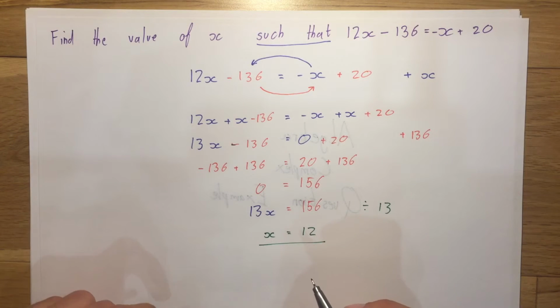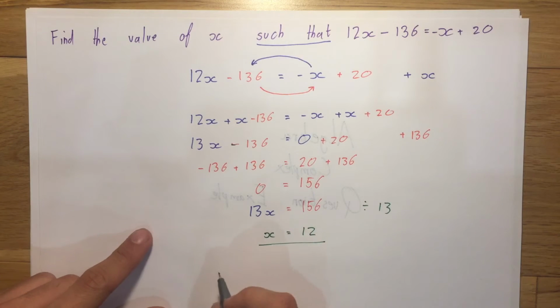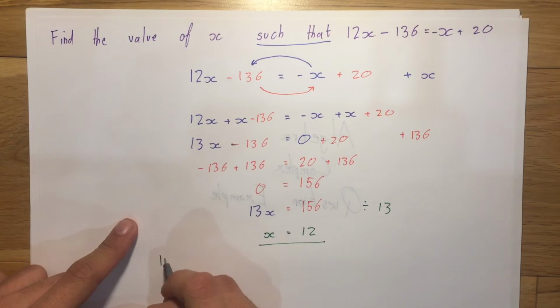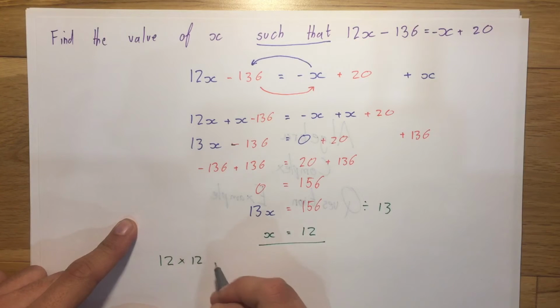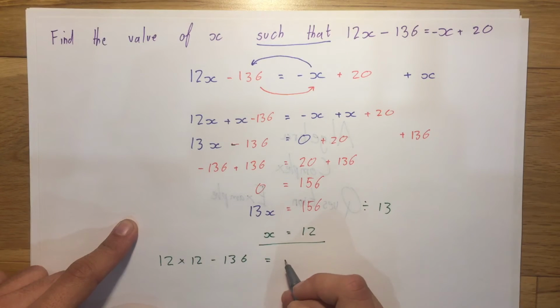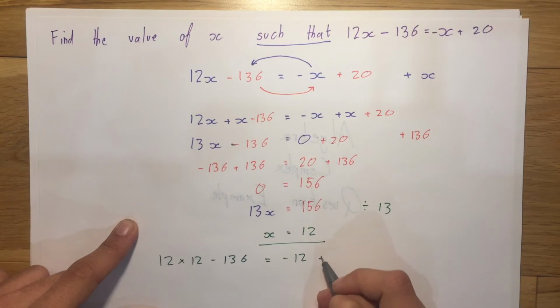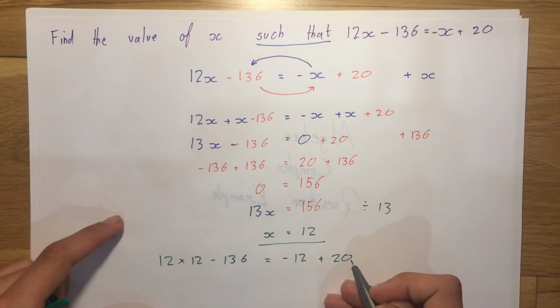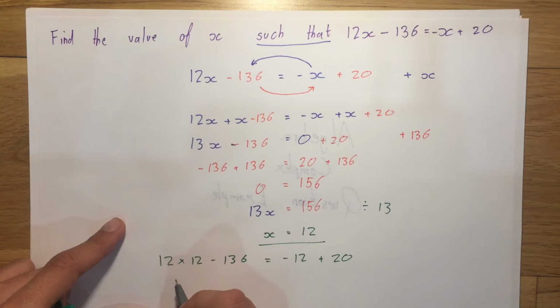Now to check that this is correct, we want to put it back into our original equation. So we get 12 times 12 minus 136 is equal to minus 12 plus 20. Okay, so 12 times 12 is equal to 144.